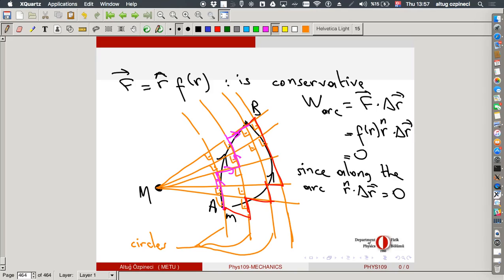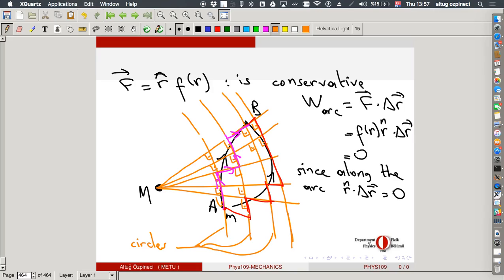They're equal, because the length of these segments is the difference in the radii of these two circles. I mean, these orange lines are circles, although they don't look like it. They are supposed to be circles with centers at the point M. So they have the same length.